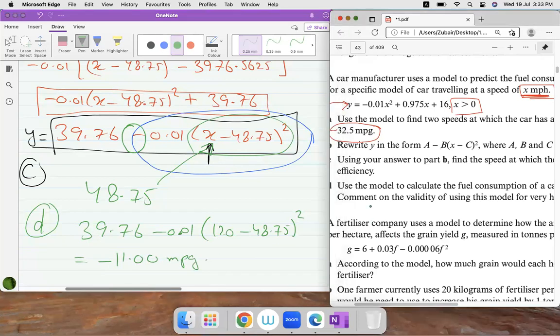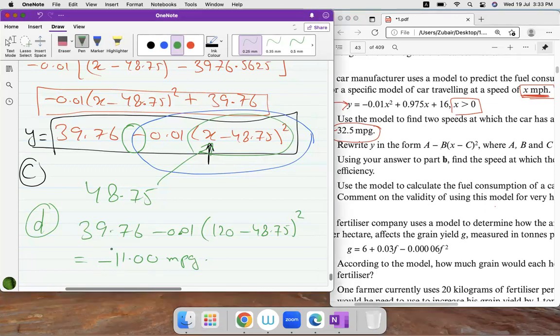Now there are two parts to this question. It says use the model to calculate the fuel consumption. This is negative 11. And comment on the validity of this model. We can never have a negative answer. Do you accept this fact? For example, if you're traveling in a car, the highest speed I saw on Google was 400 something. So if I say the car is traveling at 700, firstly, it is practically not possible. Secondly, this model says negative 11.